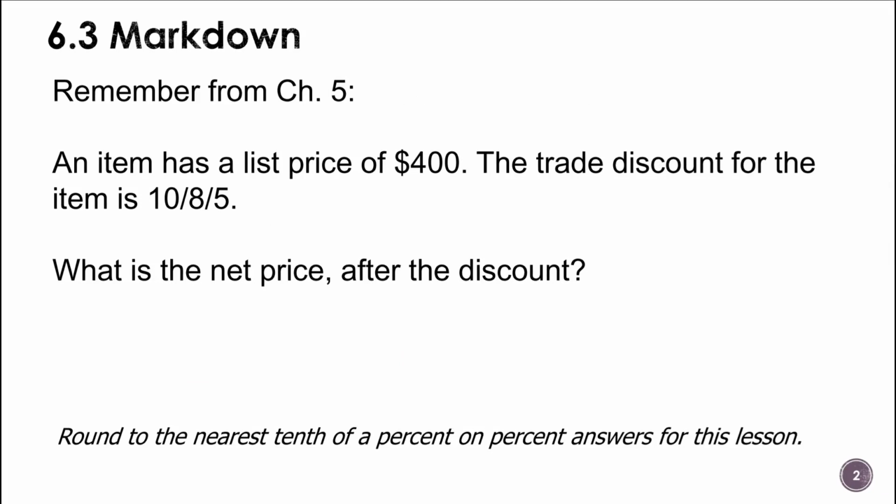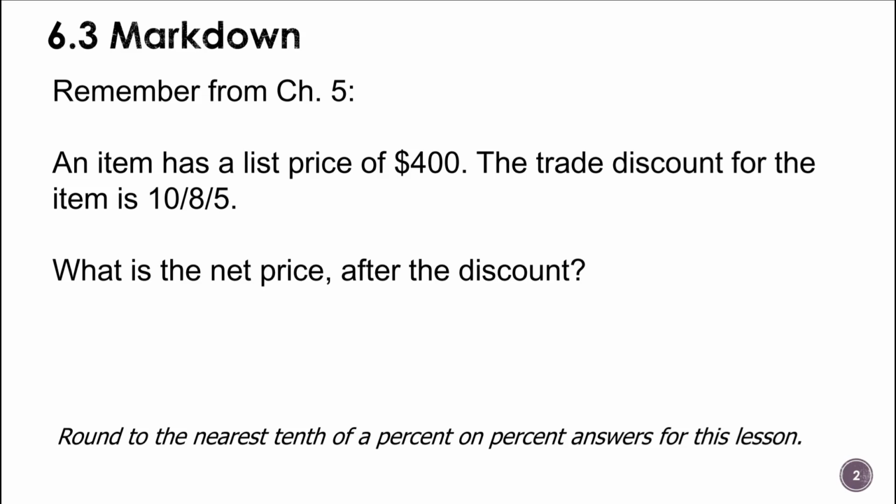So, a little information from chapter 5 so that we can go about this in the quickest way. An item has a list price of $400. The trade discounts for the item are 10%, 8%, and 5%. What is the net price after the discount? So this is where we're going to use complements and multiply in order to get this.